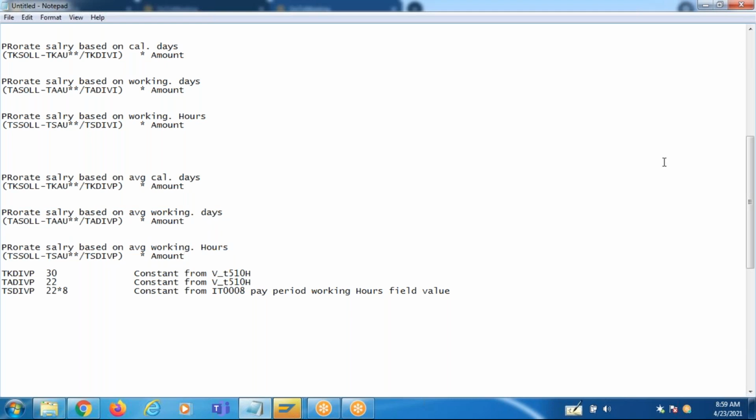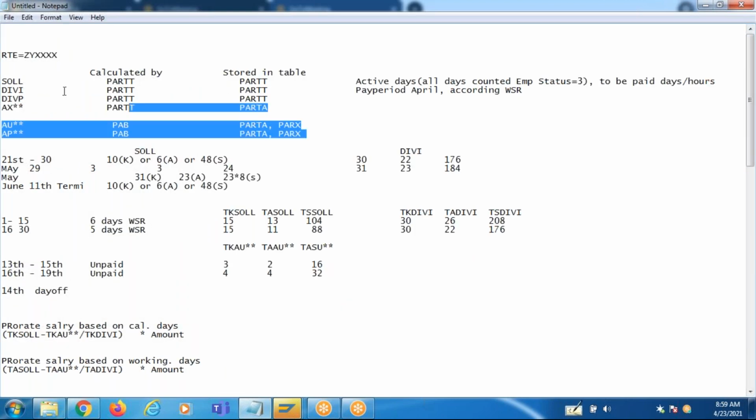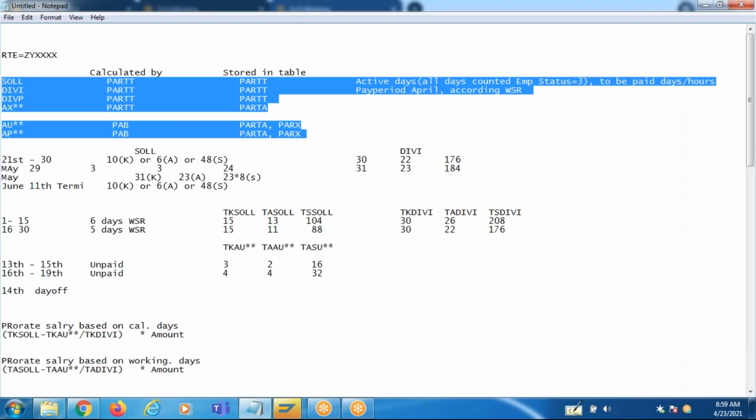I gave you 6 parameters. Which parameters are used in the rates calculation?